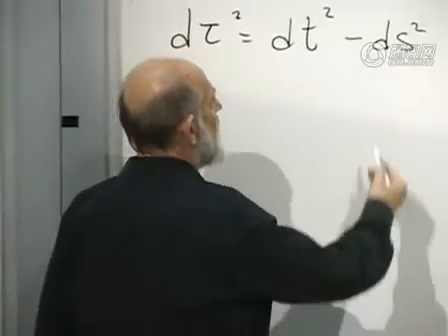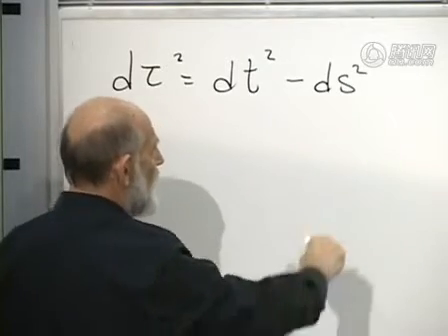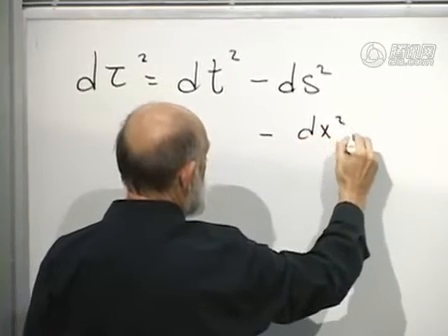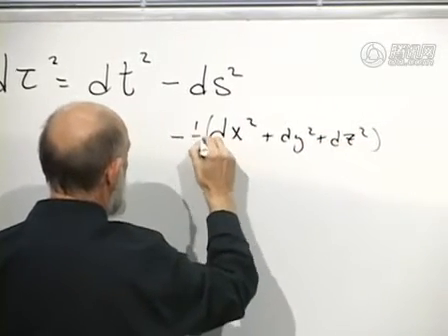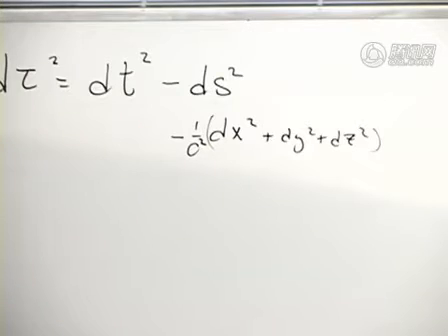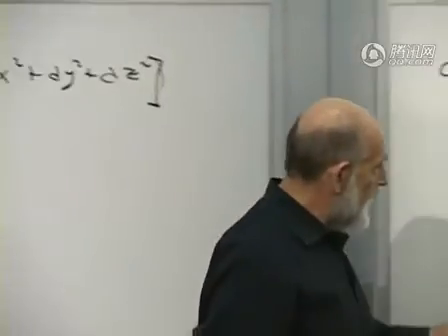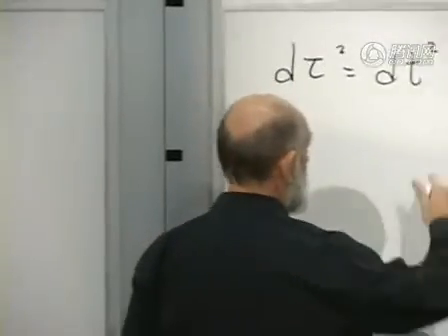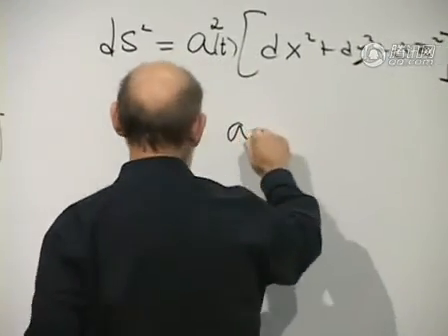In ordinary special relativity, if we introduce the speed of light into the story, this becomes minus dx squared plus dy squared plus dz squared, divided by c squared. That's the usual metric of the special theory of relativity. Looking at this, we would just read off that ordinary special relativity corresponds to a metric like this. The space components of the metric, ds squared, look like this. We would just say that a was 1 over the speed of light.